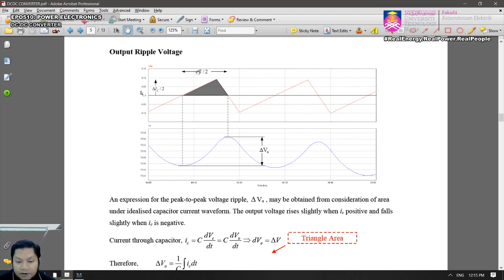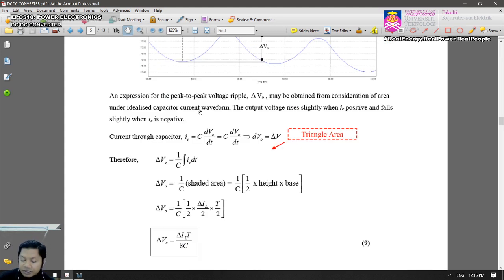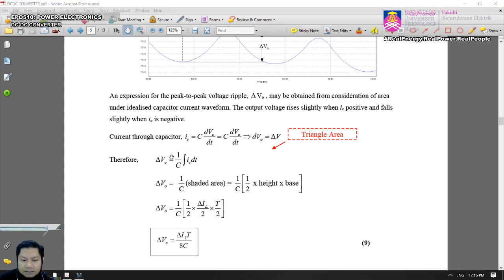Right? And therefore, you're going to see that delta V0 equals 1 over C, integrating the current with respect to dt. So you just simply cross multiply, and then you get this I over C.